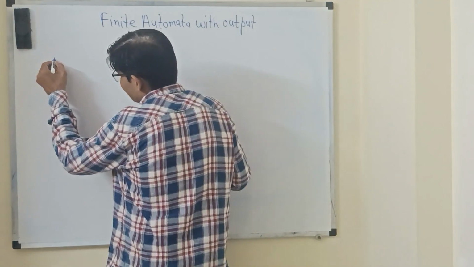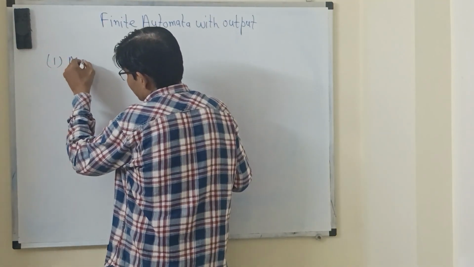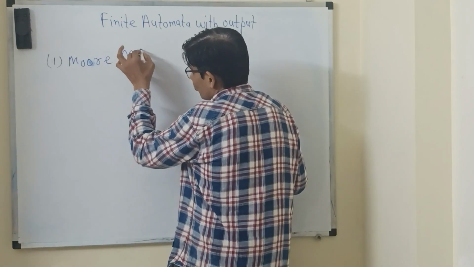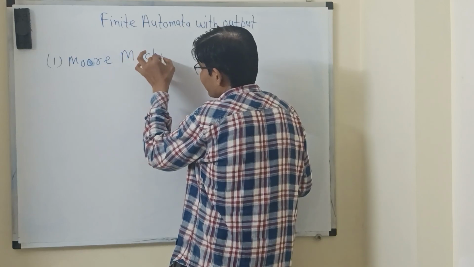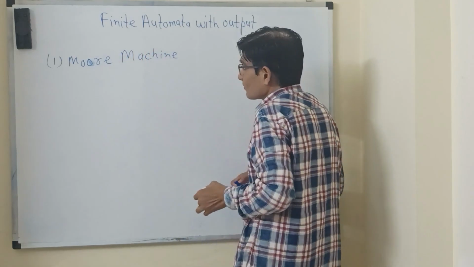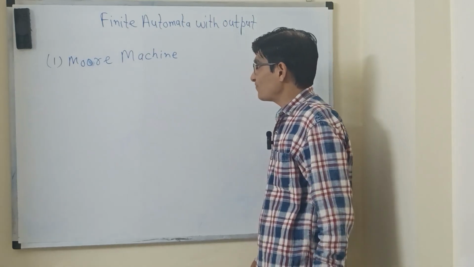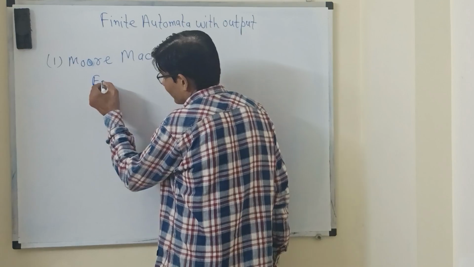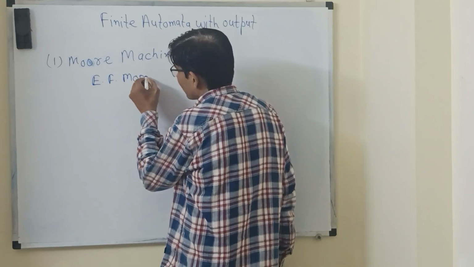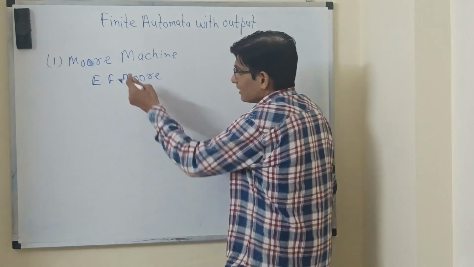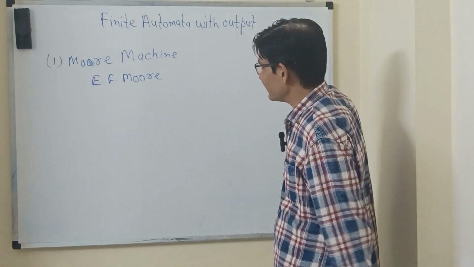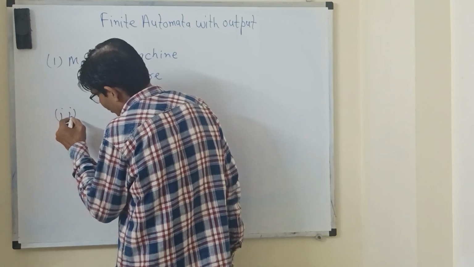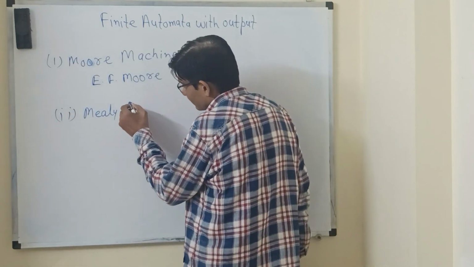First is the Moore machine, and the creator of this machine is E.F. Moore. It was first created by E.F. Moore, so after his name, this machine is known as Moore machine. And another variant of this kind of finite automata is the Mealy machine.